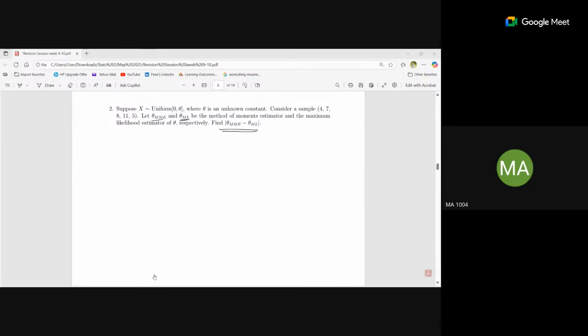Okay, the second person who was saying something. One more person was speaking, right? Ma'am, I am asking, for maximum likelihood the probability is 1 by theta, na? Because this is uniform.